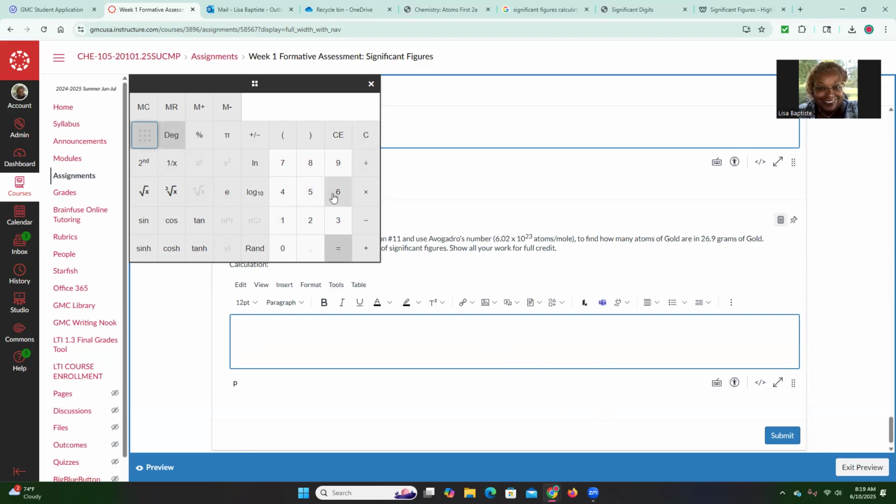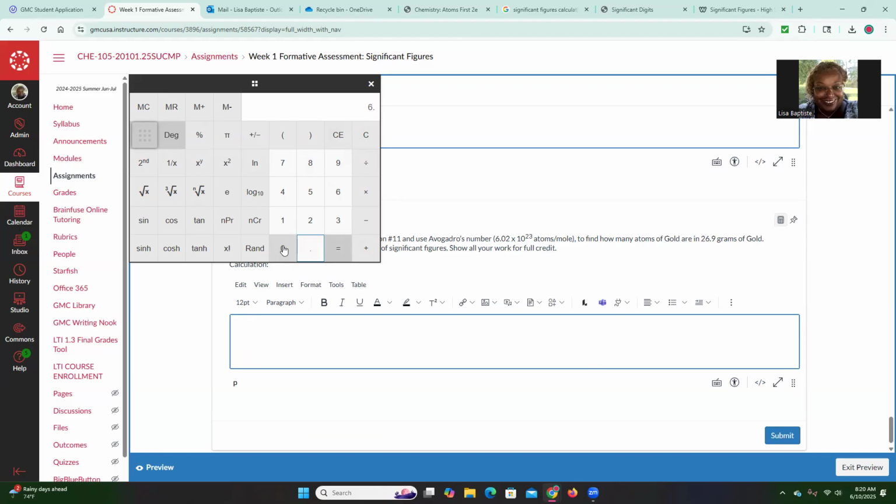So when you want to do 6.02 times 10 to the 23rd, there is this E button, okay? Let me make sure this is the right thing. Nope, it is not. All right, so this is not what I'm thinking it is. So you're going to do 6.02 times 10 to the 23rd.